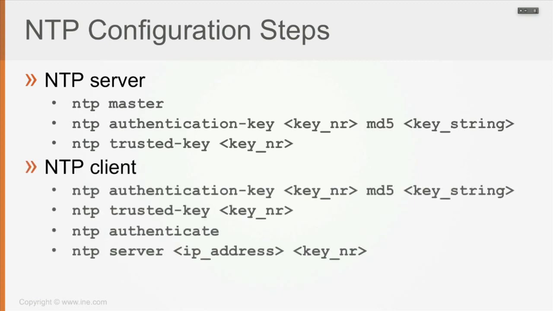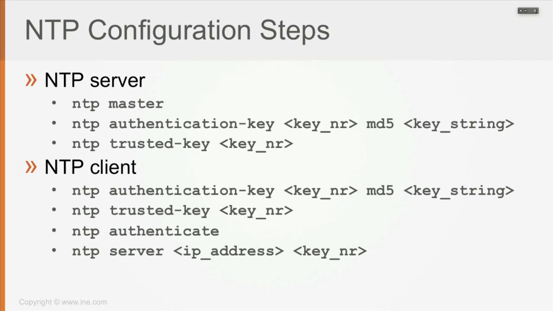On the NTP client, if you want authentication to happen, then likewise you have to configure the same authentication key number as on the server and the same key string, because both the key number and the key string are going to be used as inputs into computing the MD5 hash, which is going to be attached to the NTP packet. Like on the NTP server, you then say NTP trusted key and the key number, and you have to say NTP authenticate on the client.